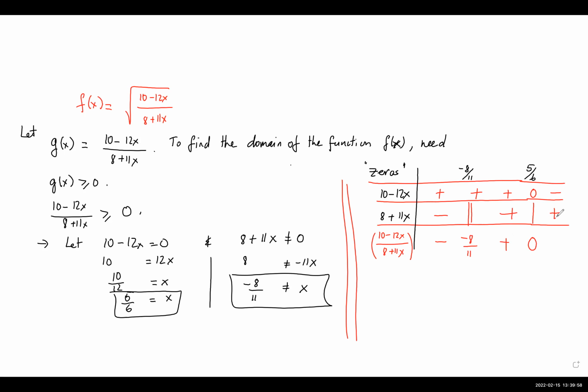And on the right side of 5/6, we have negative divided by positive, which gives us negative. So the last row tells us where this function is positive and where it is negative.